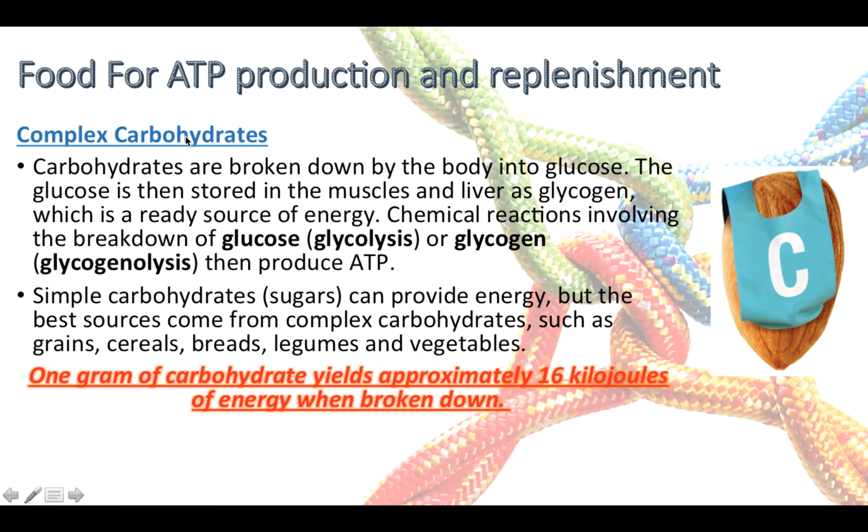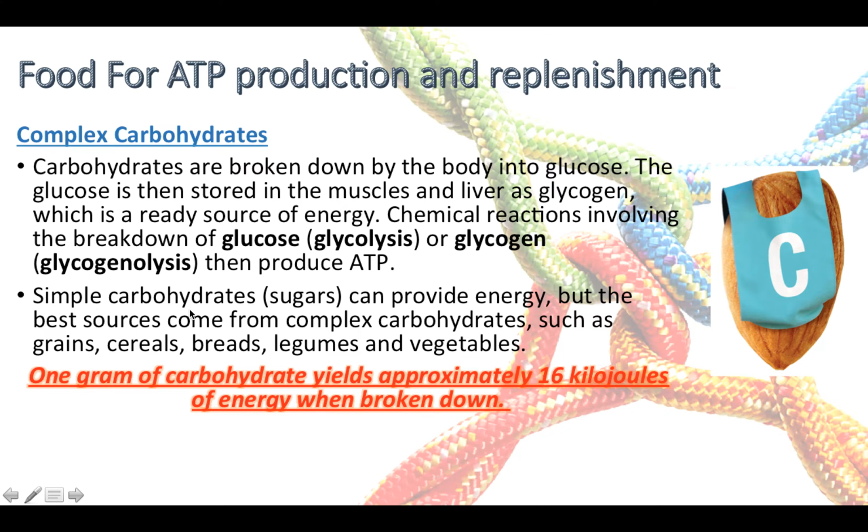So complex carbohydrates. When we look at the carbohydrates, we're looking at them being broken down in the body into glucose. The glucose is then stored in the muscles and liver as glycogen, so storing it as sugar that we can then use to break down and then reproduce ATP in the body.